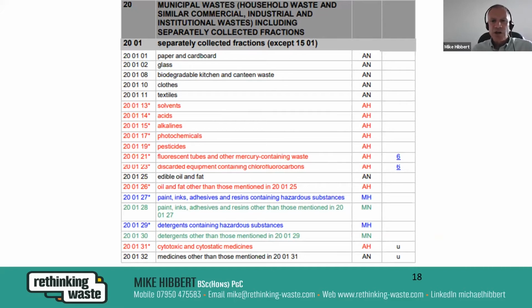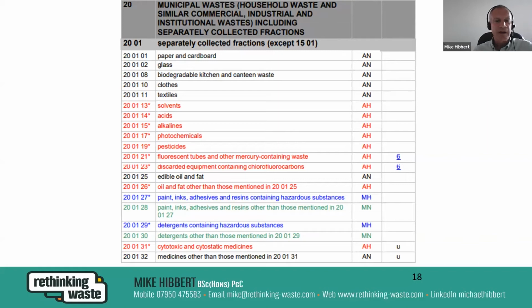And just to go through and unpack these, if we look at 200101, paper and cardboard, it's in black, and on the right-hand side, it says AN, so it is an absolute non-hazardous waste. If we look at 200121, you can see it's got an asterisk against it, it's in red, and it says AH on the right-hand side, and that means that it is an absolute entry, it is hazardous waste, and you need to manage it as hazardous waste.